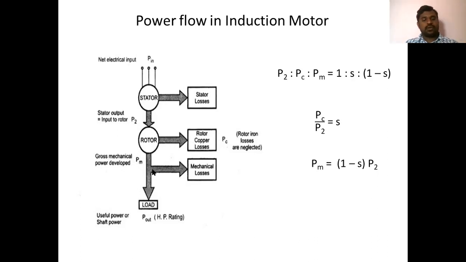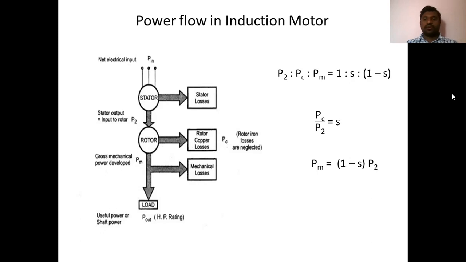So there some frictional losses will occur. Those losses are called mechanical losses. Then after that we'll get some useful power or shaft power. So these are the different power stages in the induction motor: input power, stator losses, stator output power, the rotor copper losses, power developed in the motor, then frictional losses or mechanical losses, and finally the useful power or shaft power.